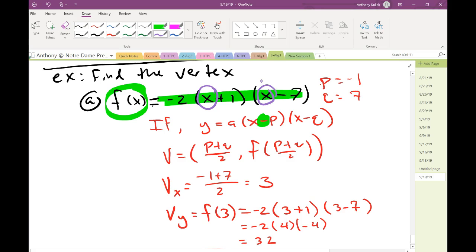So that's what I did here, and then I just simplified. I added 3 plus 1 and subtracted 3 minus 7. Parenthesis 4. Parenthesis negative 4. Okay. Sorry about that.